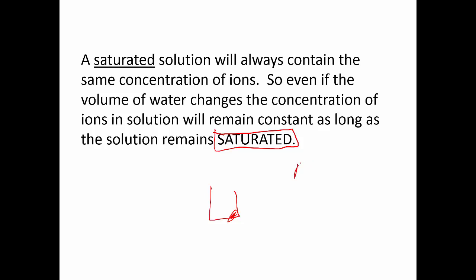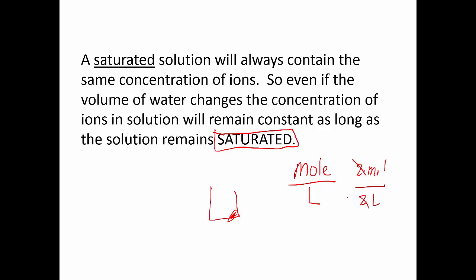Remember, concentration is moles over liters. So yes, if you double the volume, you're going to have more moles in solution, but you're also doubling the volume, so these increase by the same ratio.